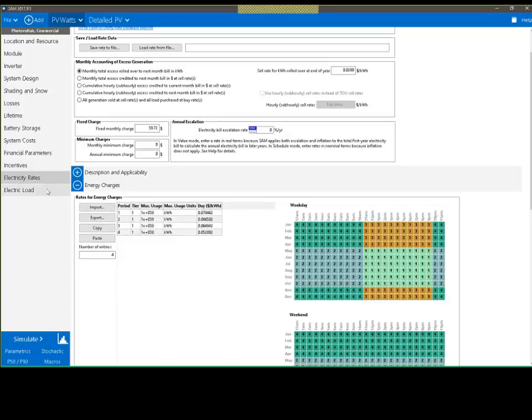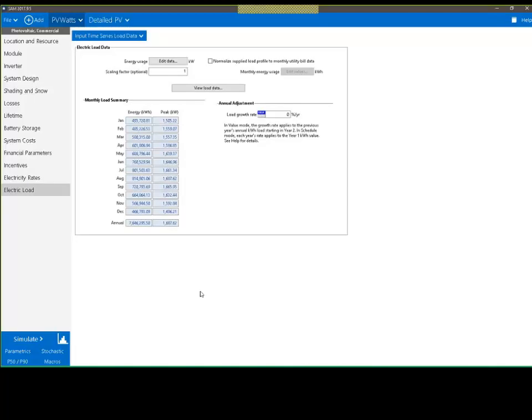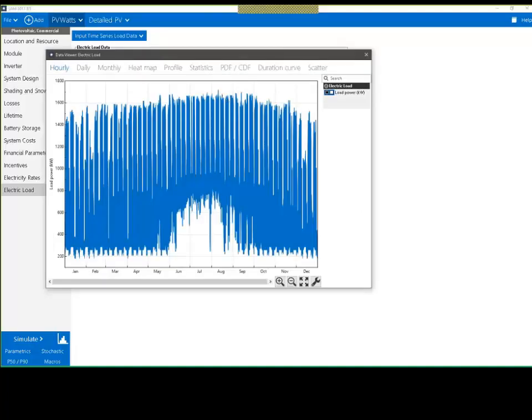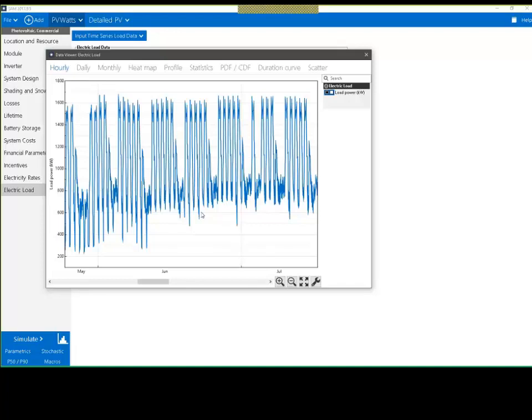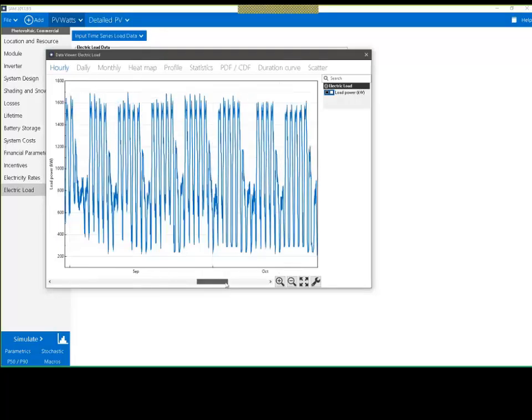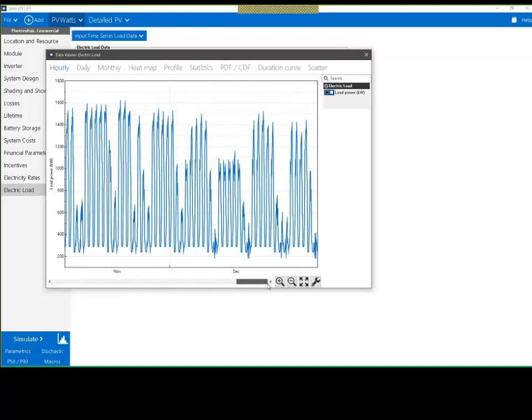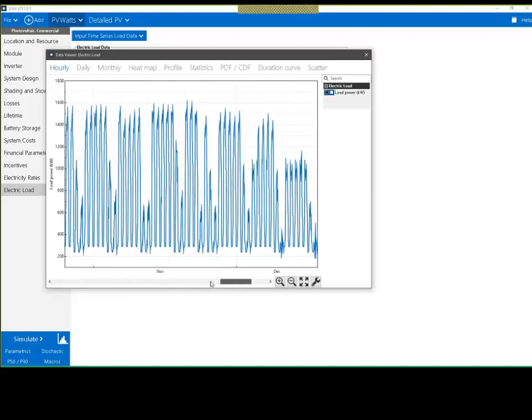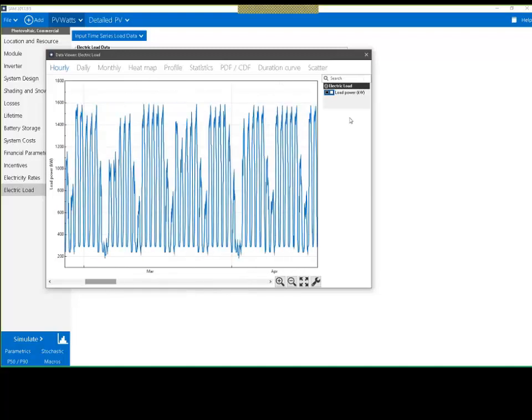And then the other component here that's important is how much electricity are you using? So what is the electric load that the PV system is going to be offsetting? And so you provide that data. So this is the hour-by-hour load consumption at the home or commercial facility over the entire year.